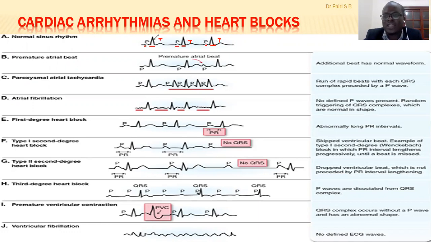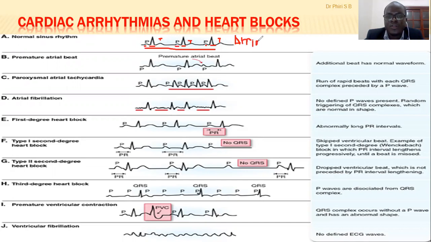Then if you have changes like the previous slides that we've discussed, they bring about cardiac arrhythmias. So there is sinus rhythm, and then the SA nodal blocks we've already discussed. Sometimes you can also have atrial problems.